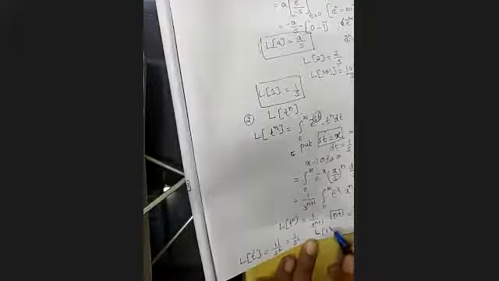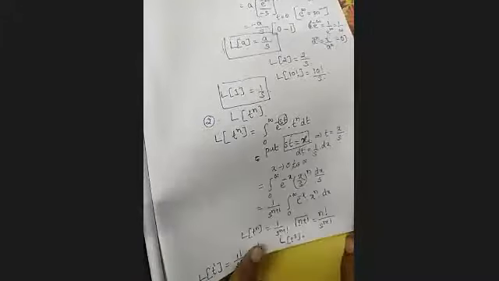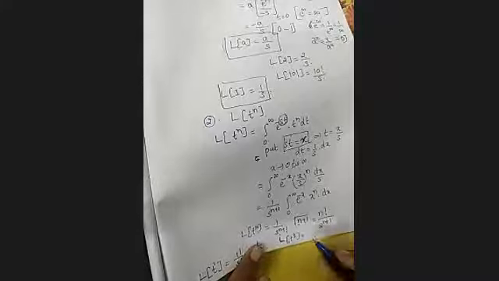What is Laplace of t raised to 3, suppose? t cube. It is 3 factorial divided by s raised to 4. Got it? So what will be the Laplace transform of t raised to 10? 10 factorial divided by s raised to 11. Very good. This is how we can use it for the examples.